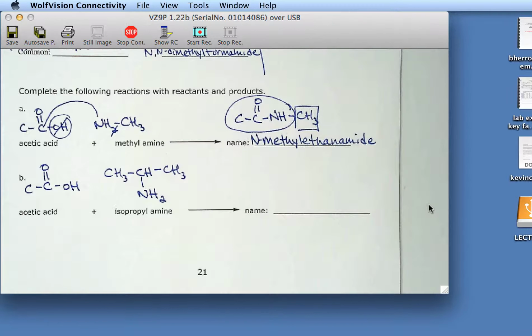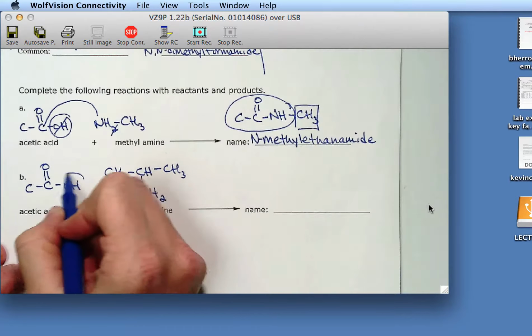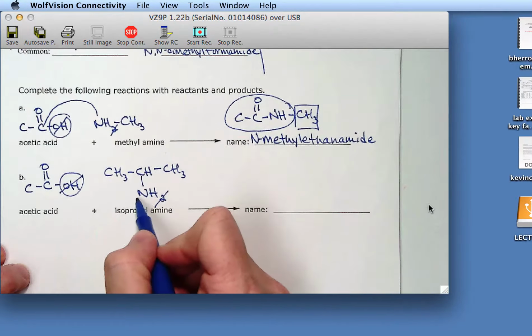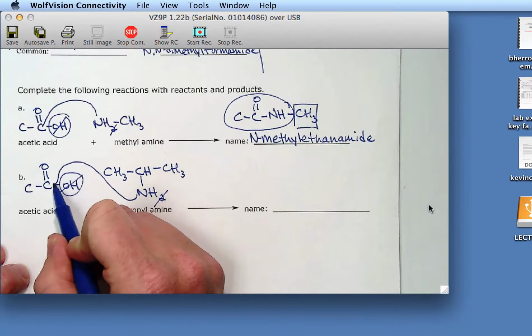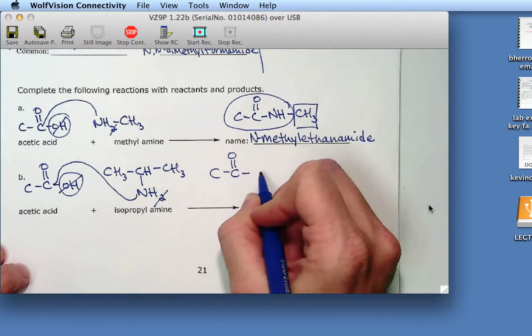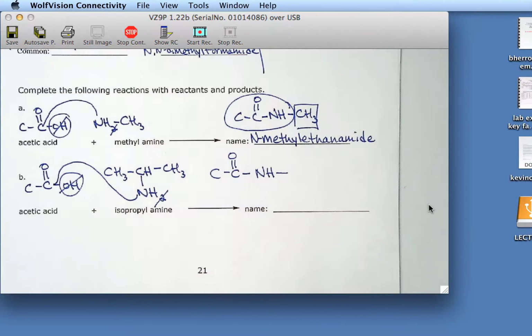So, by the time you get them for Unit 4, they'll stick much better when you're studying for the final. Okay, so we're going to do the same thing. Get rid of the OH on the carboxylic acid. Get rid of the hydrogen on the amine. Make a really long bond. We're left with NH. And then you can rotate these bonds however you want them, however much space you have.